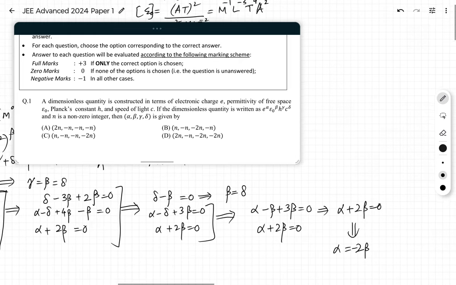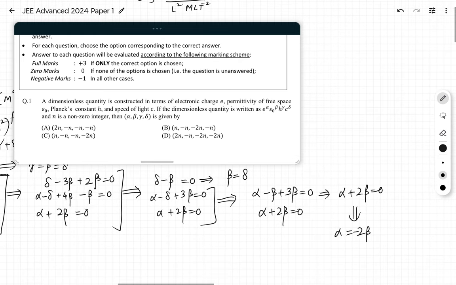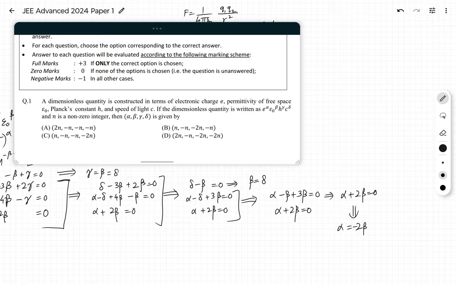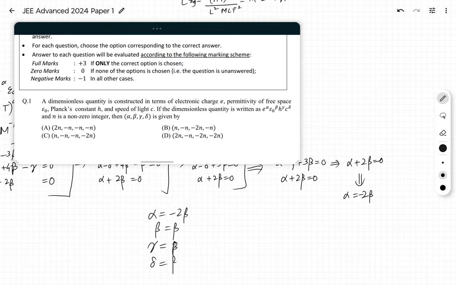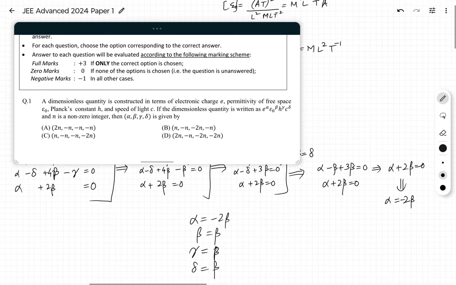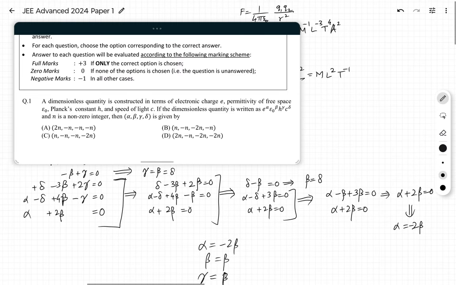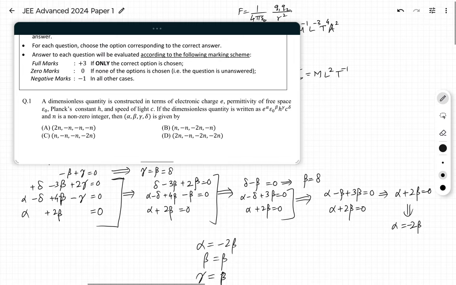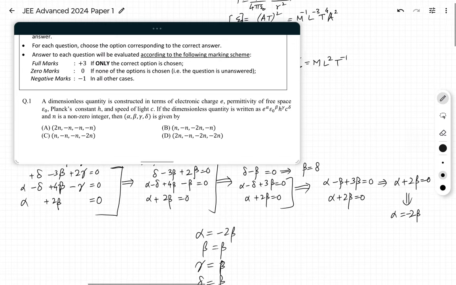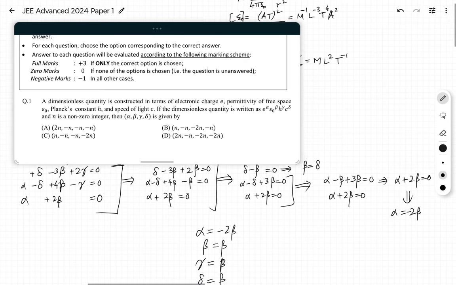So okay, everything we have, let's express it in terms of beta. Alpha equals minus 2 beta, beta is beta, gamma is beta, delta is also beta. Now they have introduced n and the options are given in terms of this n.